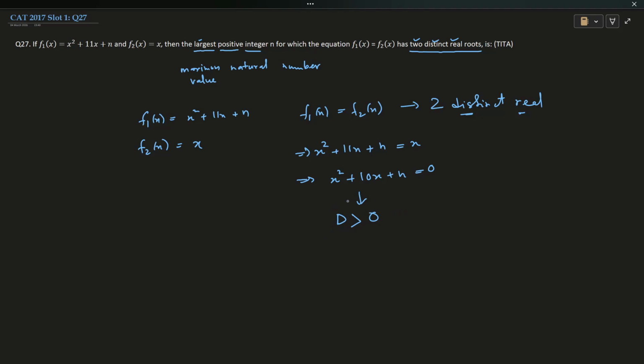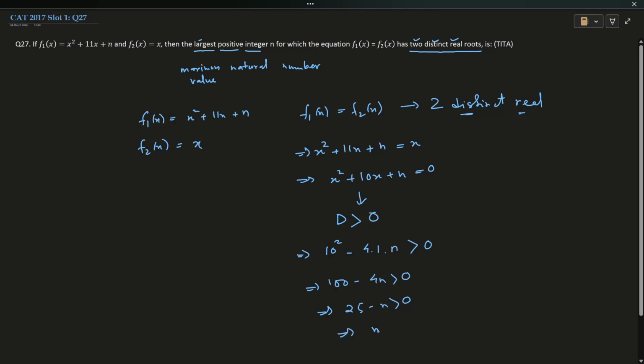Okay, and a quadratic equation can have at max two distinct real roots. That means b square, 10 square, minus 4 times a, which is 1, times c, which is n, is greater than 0. I can say 100 minus 4n is greater than 0, or 25 minus n is greater than 0, or n is less than 25.